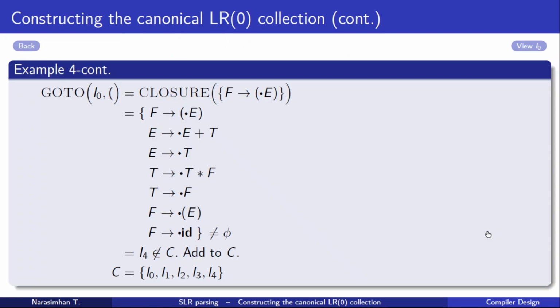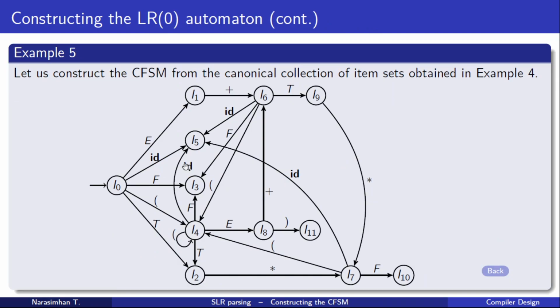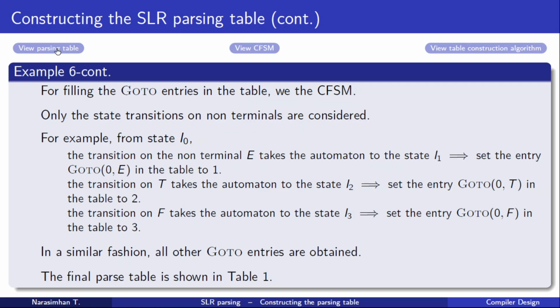Now state I4. In state I4 you have two shift items. F gives dot parenthesis E and F gives dot ID. So you first need to find go to I4 comma left parenthesis. I4 comma left parenthesis is actually a self loop, so you just remain in the same state. So you should write S4.